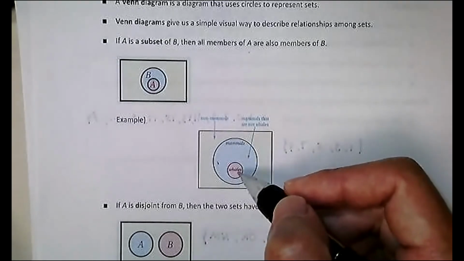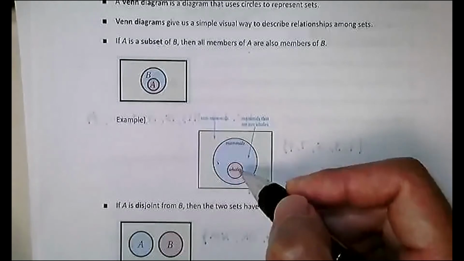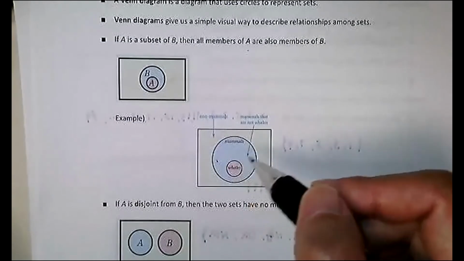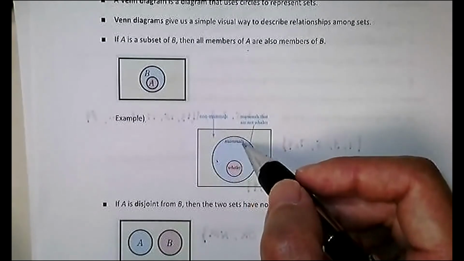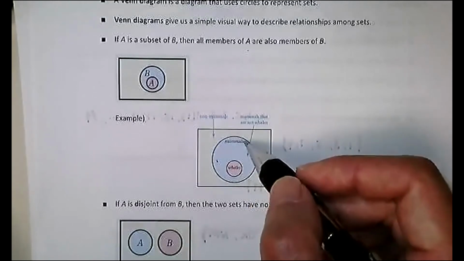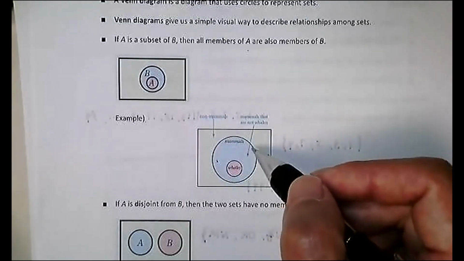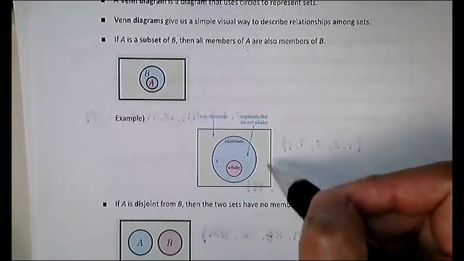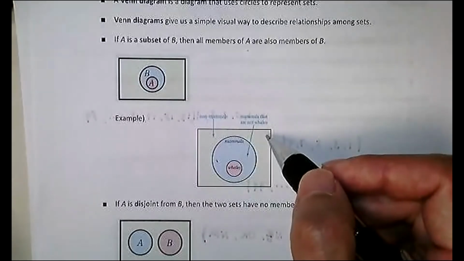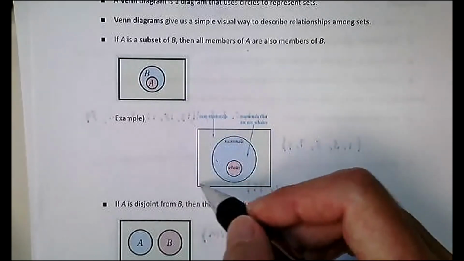So in this case, we can say that whales are a subset of mammals. However, notice that mammals are only a circle here. We have a bigger rectangle. This bigger rectangle denotes all the animals.